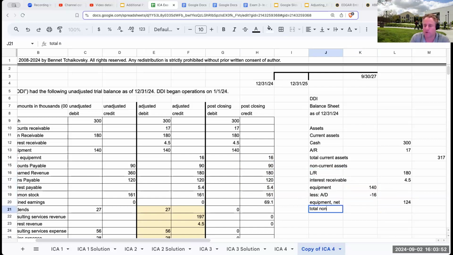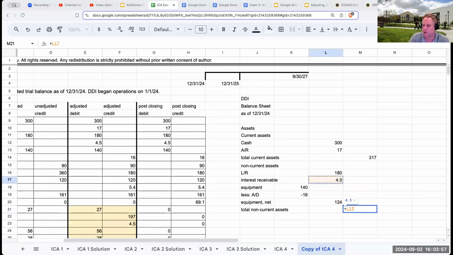So my total non-current assets are the loan receivable, the interest receivable, and then the equipment net. My total assets will therefore be my current assets plus my non-current assets, or 625.5. Is that right? I have no idea.